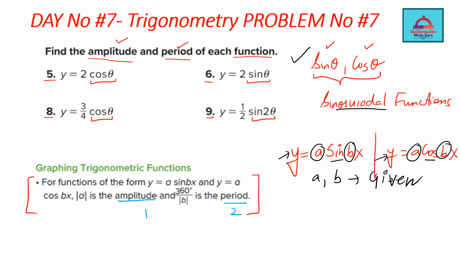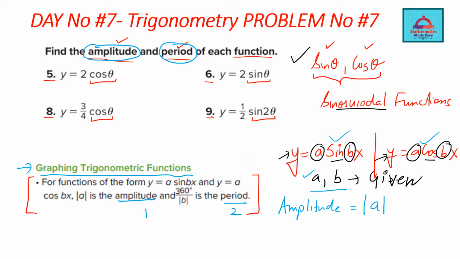Generally for a trigonometry problem like this, you will be asked for amplitude and period. Later, when we go to problem 8 for day 8, you will see that we can use all these key concepts for actually graphing these trigonometry functions. That comes a little later. But for this question, if you see the values of a and b for a sine or cos function, then your amplitude is defined as the absolute value of a.